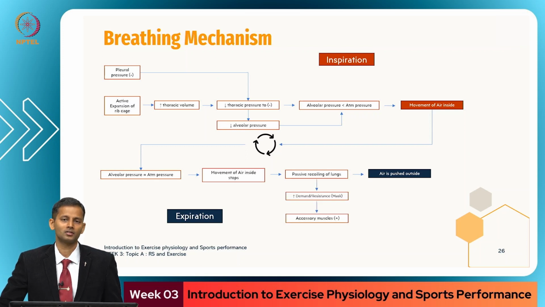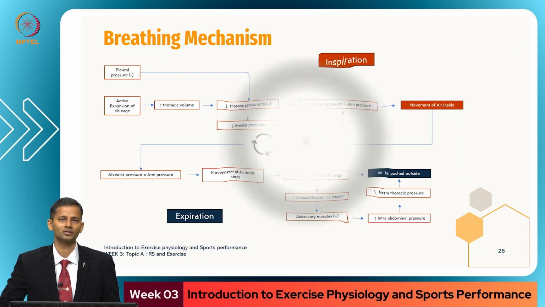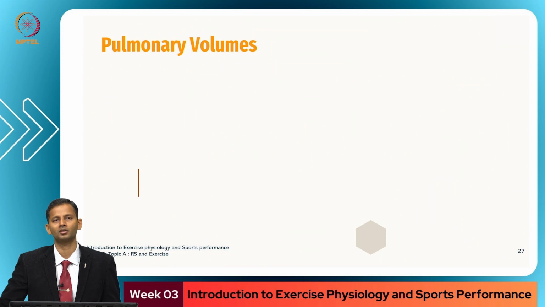When there is an increase in demand or increased resistance to airflow, there is activation of the accessory muscles, namely the abdominal muscles and the internal intercostal muscles. Both of these cause increased intra-abdominal pressure as well as increased thoracic pressure, thereby pushing the air outside. Thus the process of inspiration and expiration happens.